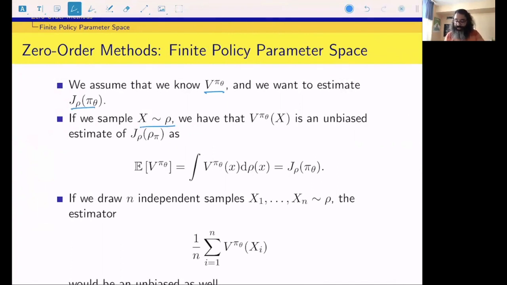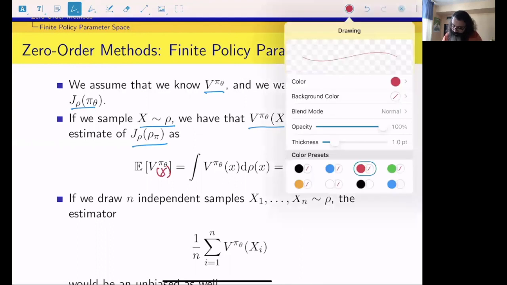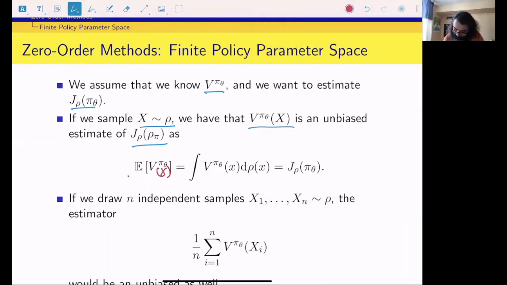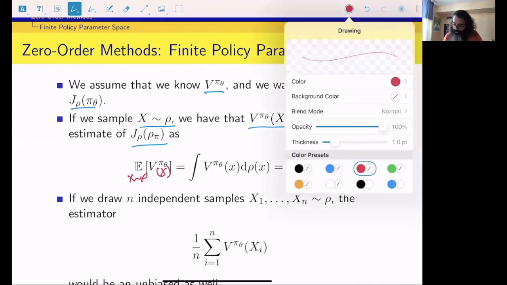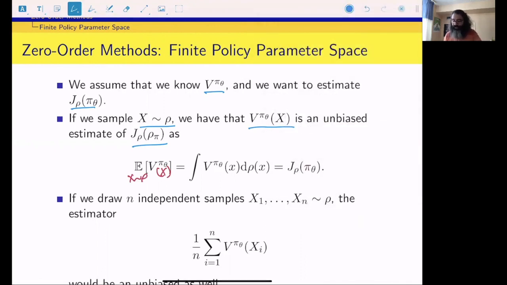If samples are from the distribution rho, then v of pi theta of x is going to be an unbiased estimate of J. When x is coming from distribution rho, the expectation of the value function is exactly the definition of expectation, v weighted by rho, which is the definition of the performance.